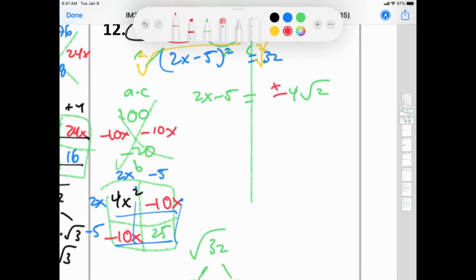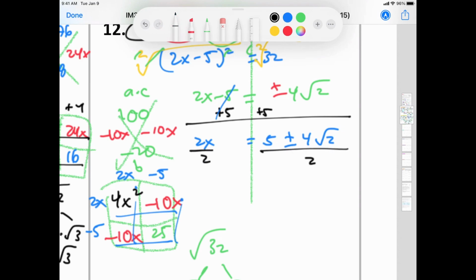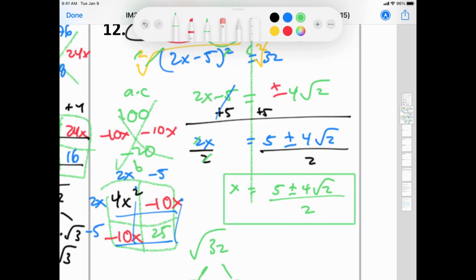And don't forget the plus or minus. Okay. So add 5. Remember, the 5 here is going to go to the left of the plus or minus. And last thing, we just need to divide by 2. x equals 5 plus or minus 4 radical 2 over 2. And box the right answer.